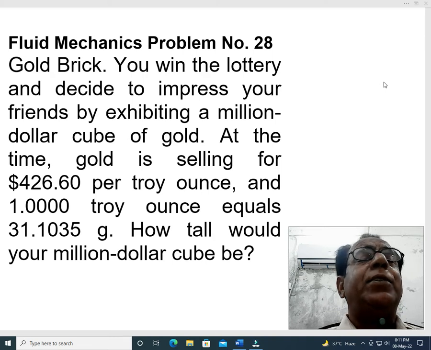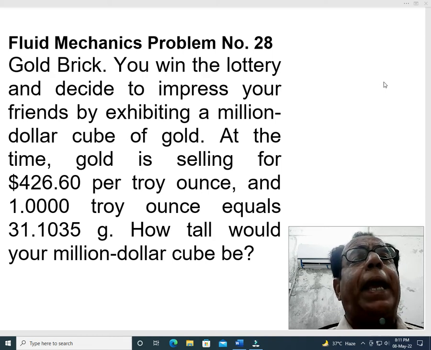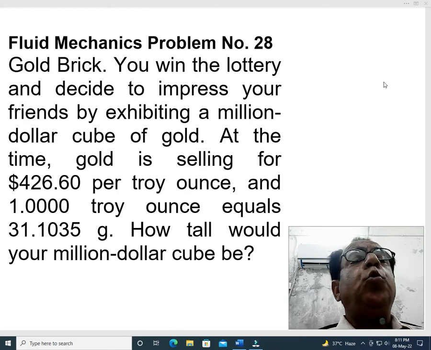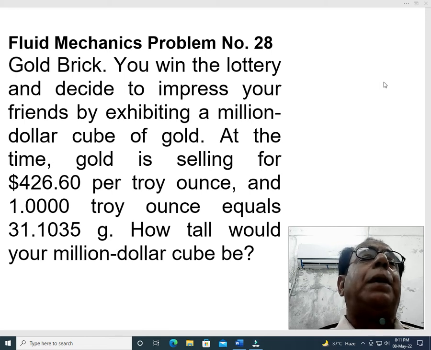We can assume that the cube has length equal to width equal to height, so the cube volume becomes L raised to the power 3.